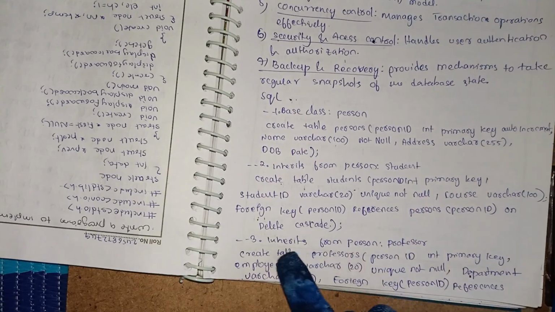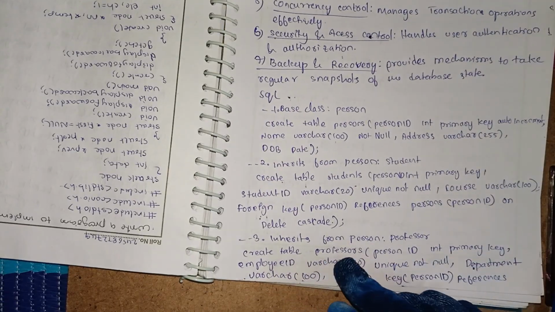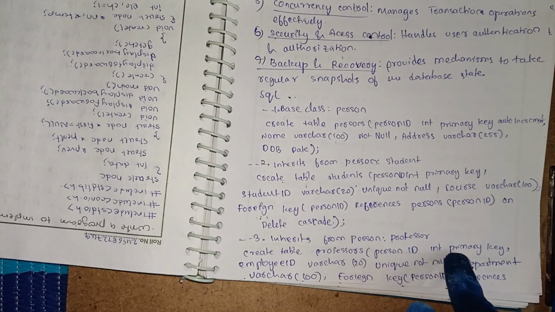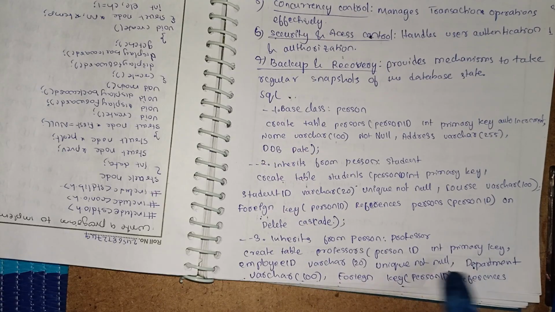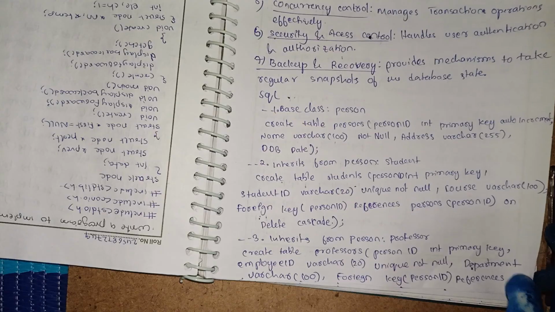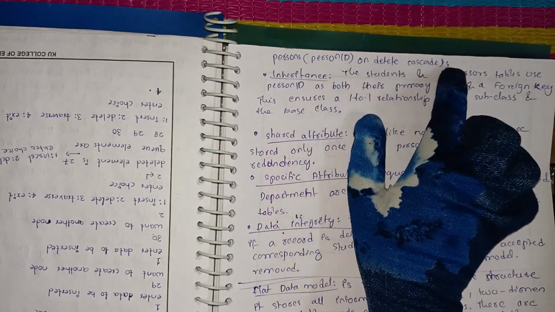Then inherits from person, professor. Create table professor, person ID int primary key, employee ID varchar of 20, unique not null, department varchar of 100, foreign key person ID references person of person ID on delete cascade.